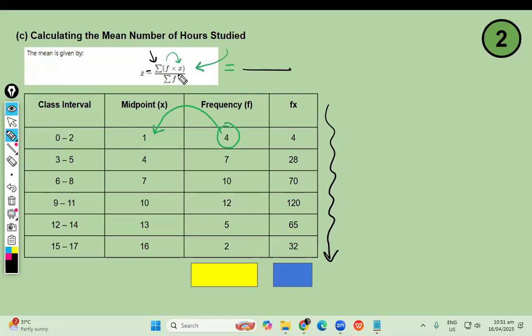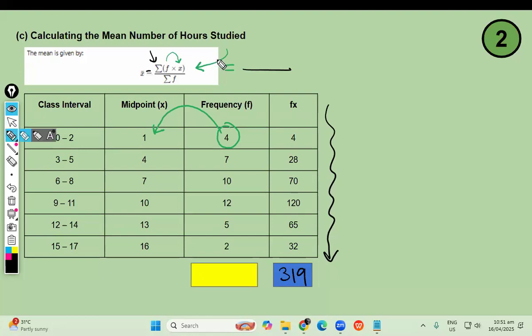4 plus 28 plus 70 plus 120 plus 65 plus 32. I'm getting 319. Can you all confirm that? Great.